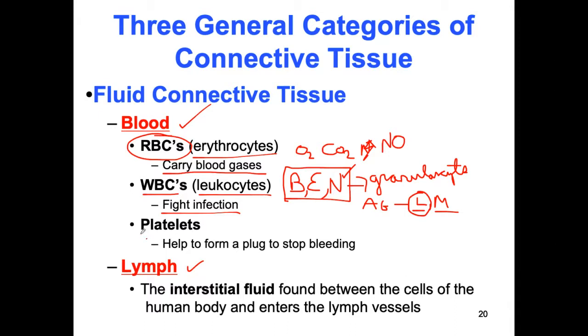Platelets are also found in blood. Platelets are important because platelets are involved in creating a clot. That's what allows the bleeding to stop. If you want to inhibit platelet function, that's when people take blood thinners, or they take Coumadin, or warfarin, or aspirin.